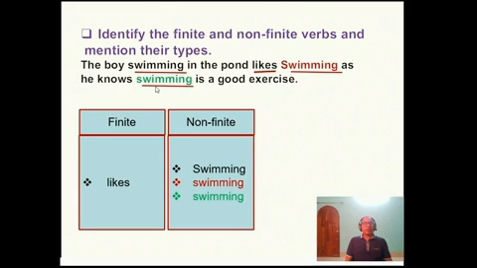Here swimming is used as subject, and subject is a noun, and this is also a non-finite verb. My dear students, actually in this sentence we find another finite verb, and that is knows. So two finite verbs were not written here, and they are is and knows.